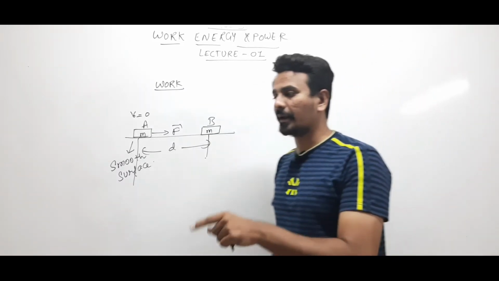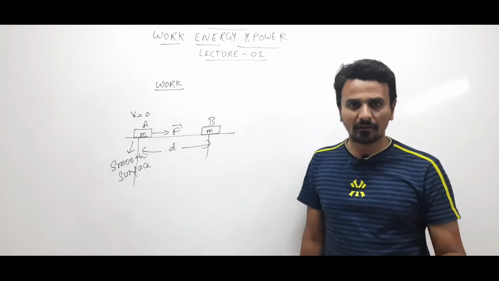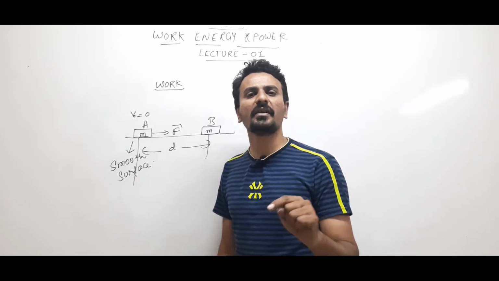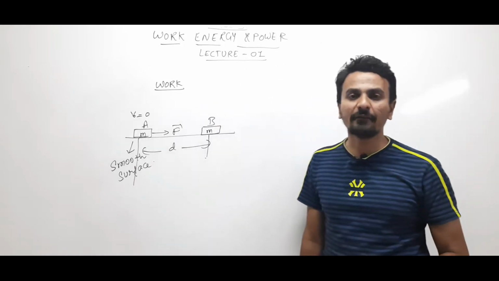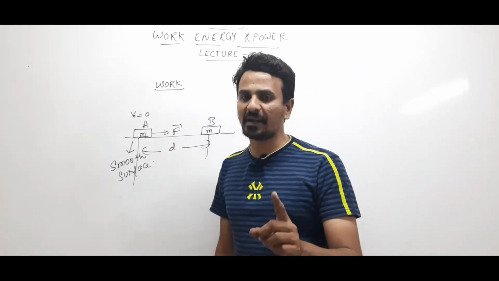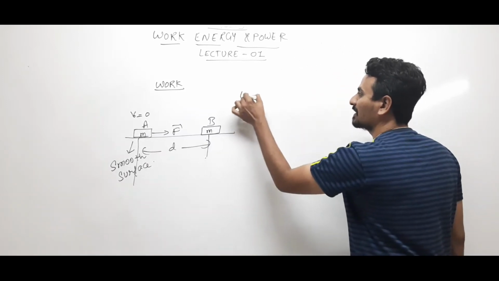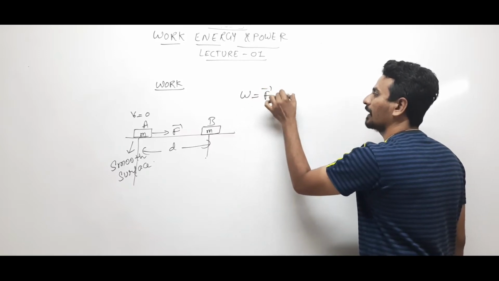So work done can be defined as when force is applied on a body, and if it displaces in the direction of applied force, then work is said to be done. So work done can be mathematically written as dot product of F and D.